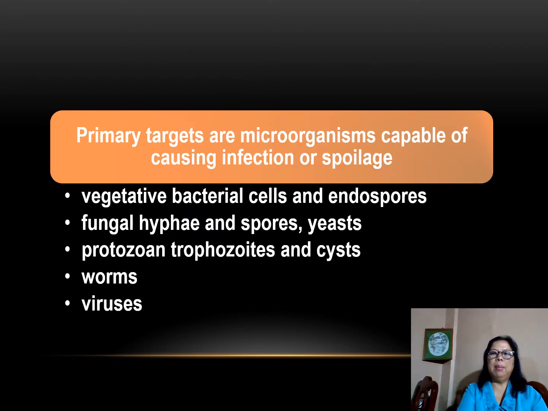Primary targets are microorganisms capable of causing infection or spoilage, which are the following: vegetative bacterial cells or the endospores, fungal hyphae and spores in the case of yeast, so they are more of the appendages. And then protozoan trophozoites and cysts, worms, and viruses. These are the primary targets of microbial control.